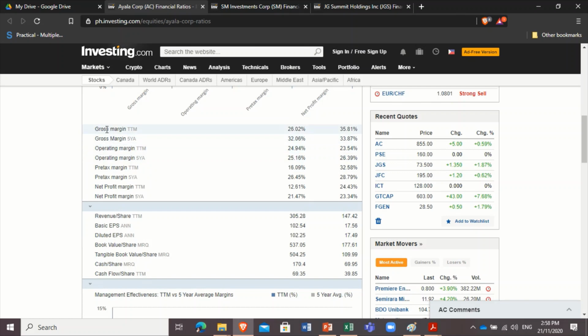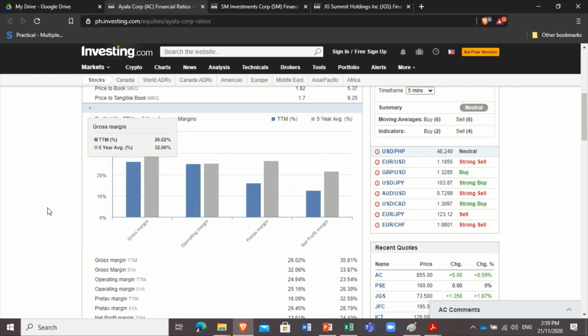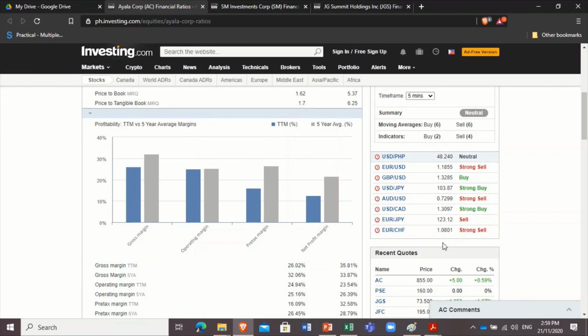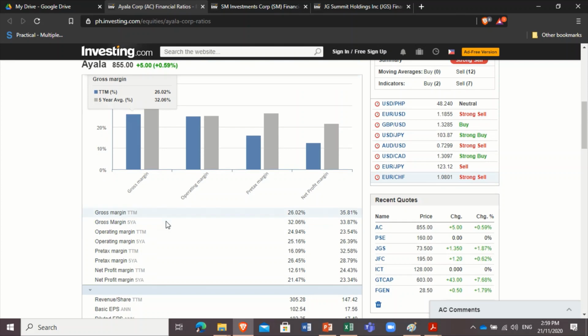So we have here gross margin, profit margin. We have the operating profit margin, pre-tax margin, then the net profit margin. As you can see, meron na din siyang kasamang graphical presentations all throughout in a 5-year average margins. So you could also see here. All right. Okay.